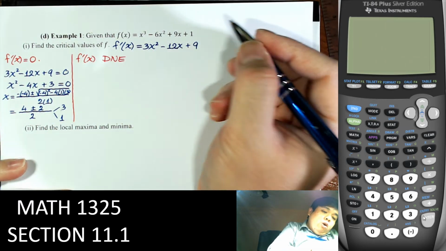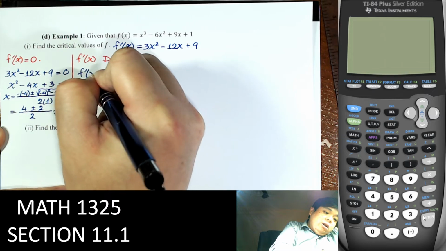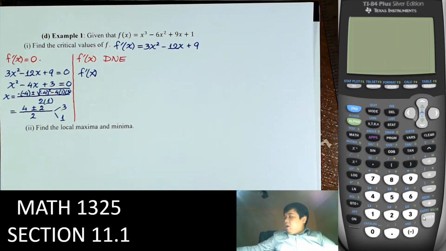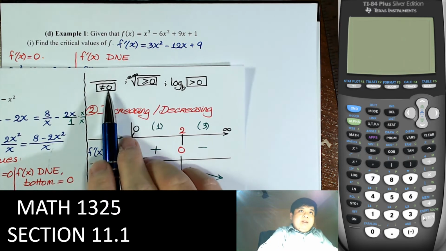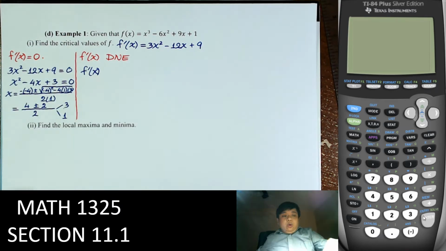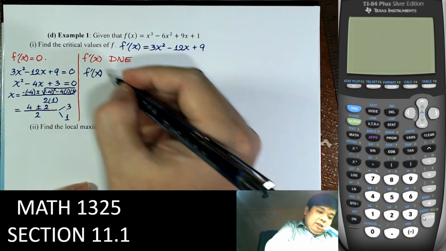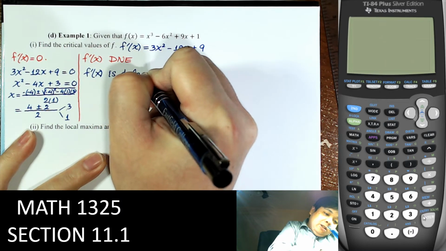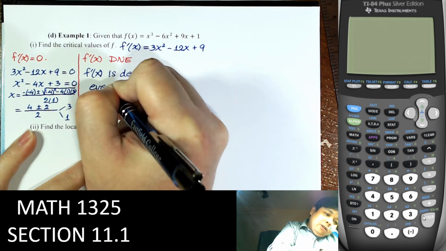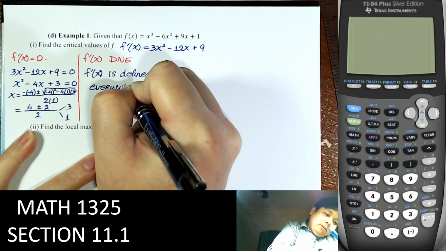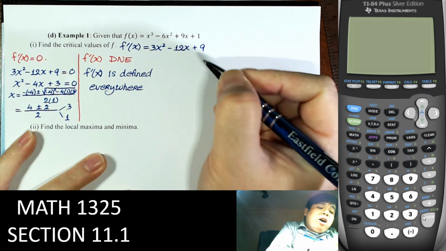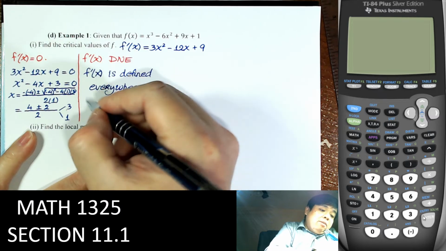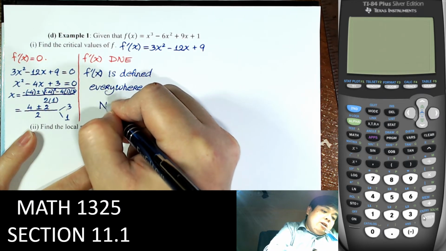This is a polynomial function, so as far as it goes, we don't have any fractions of this form. So this is defined everywhere. It is defined everywhere, so we do not have anything that makes the derivative not exist.